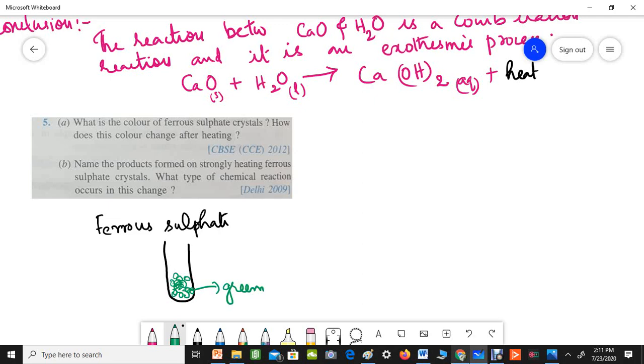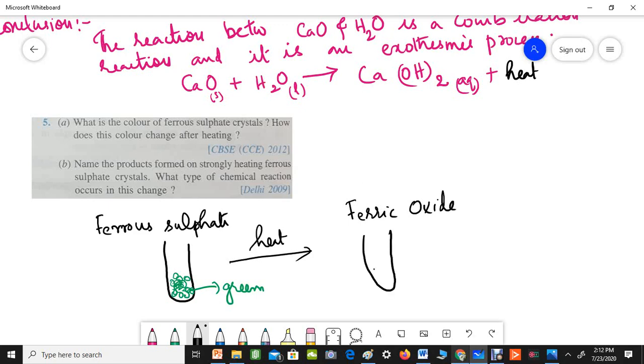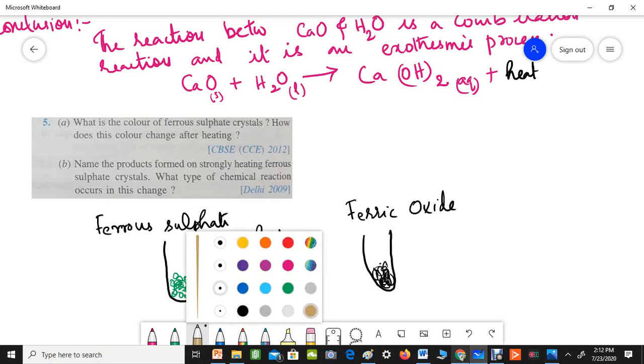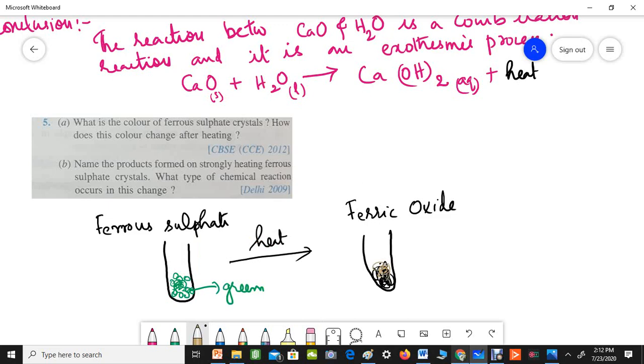How does this color change after heating? So when you heat ferrous sulfate crystal, how does this color change? When you heat ferrous sulfate, it is converted to ferric oxide, and the ferric oxide is brown in color.